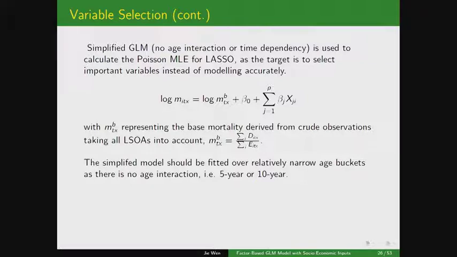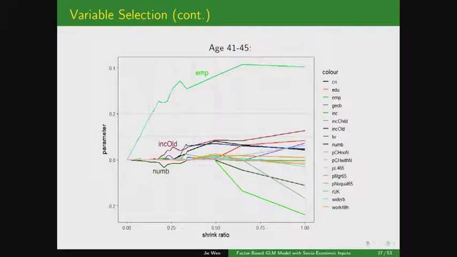So let's see some results here. First of all, if we concentrate on age 41 to 45, the x-axis is the shrink ratio, and the y-axis is the estimated coefficients of these different variables. If we start from the right-hand side, when the shrink ratio is equal to 1, lambda is equal to 0, so it's equivalent to a full MLE estimation, and we have these coefficients.